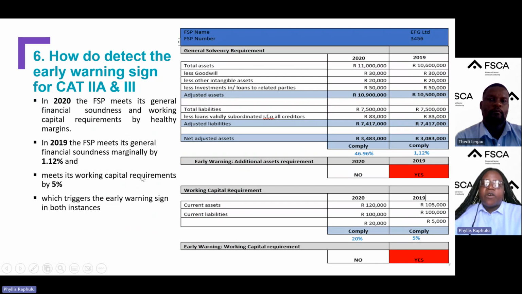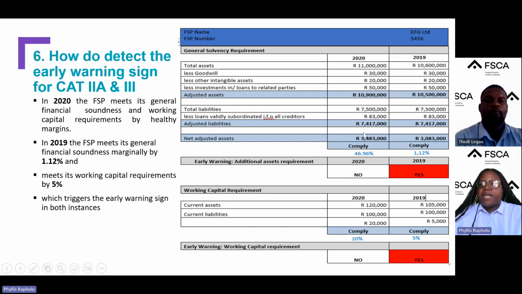And for Cat 2A and Cat 3, we're going to use FSP EFG Ltd with the FSP number 3456. So we have financial year end 2019 and 2020.